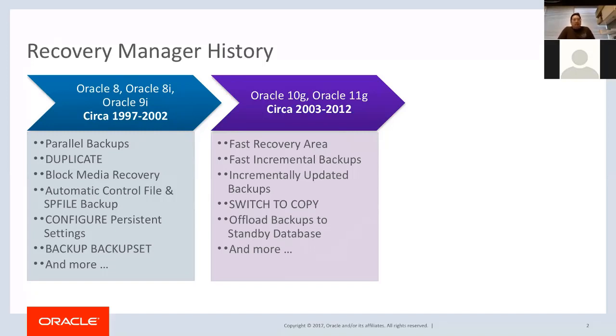So this eliminates the need to take another full backup to disk, and you have a current copy that's always available, and that leads to the next point, which was switch to copy. This is a mechanism by which we can switch the database files to use the copy instead of the production files on the production storage location, the ASM disk group like data, or just your local data file location, right?